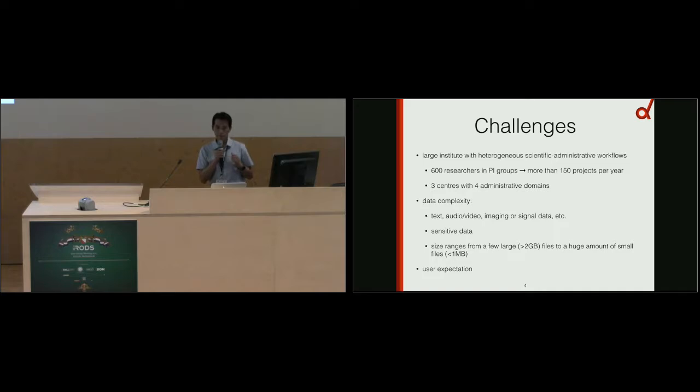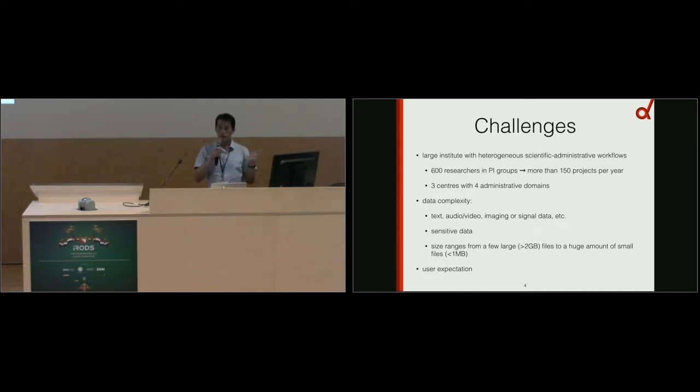The challenges. Those challenges are very related to our own institute, but I would say they could be very generic to different research disciplines. Our institute is not very large, but it consists of 600 researchers, distributed into PI groups. Every year, we have about 150 projects, and each project is associated with one or two or even more publications.